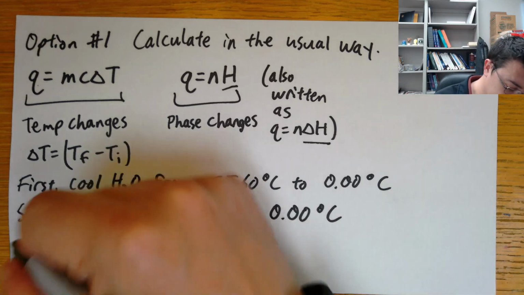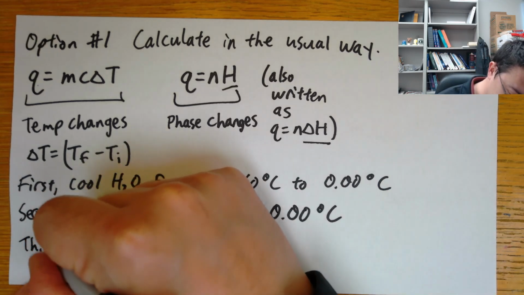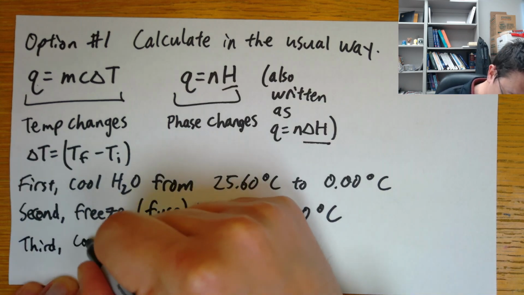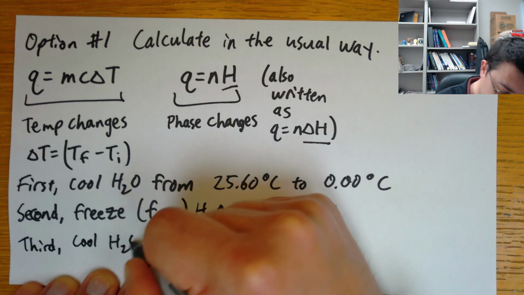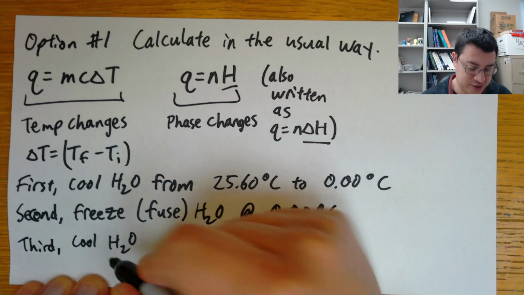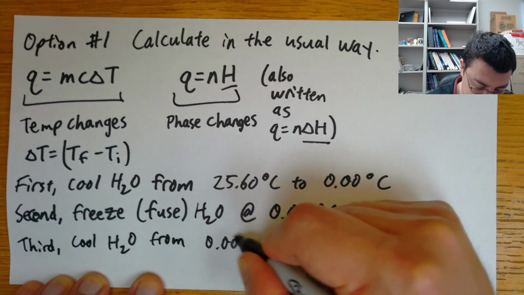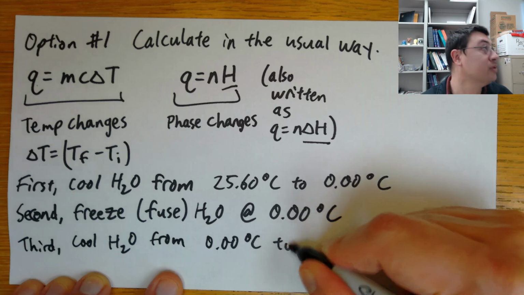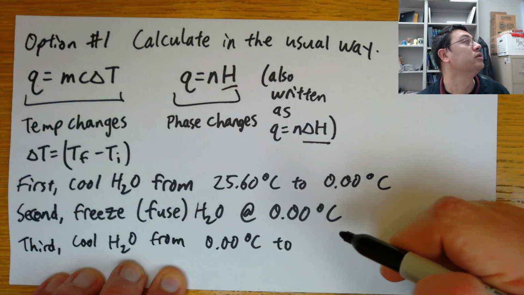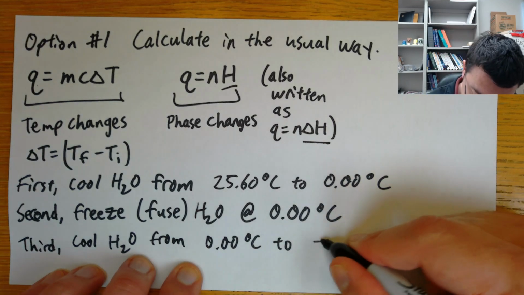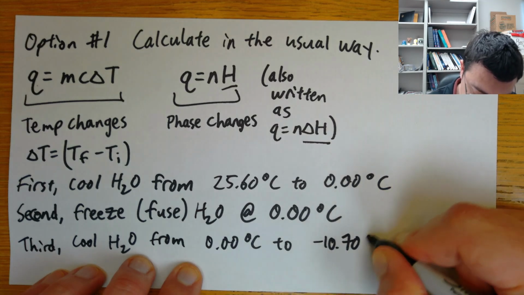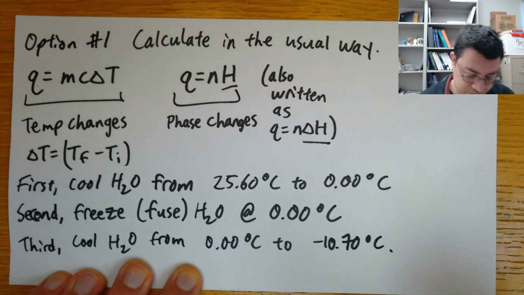And then third, we will cool the H2O, it's now ice, from 0.00 degrees Celsius to negative 10.70 degrees Celsius.